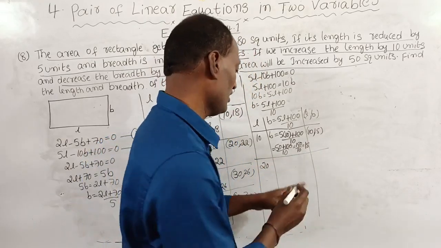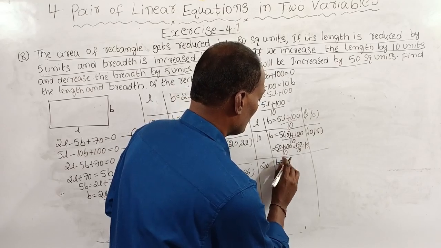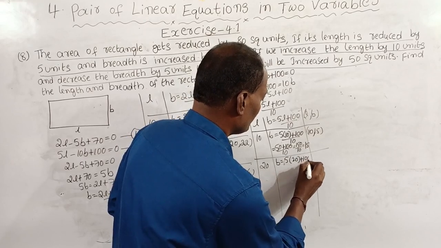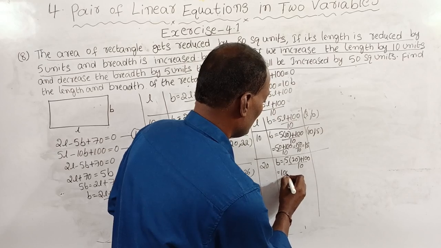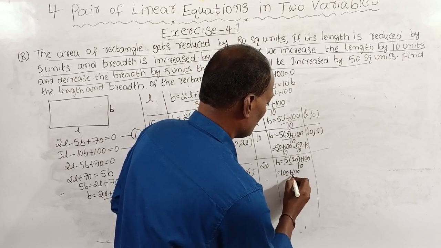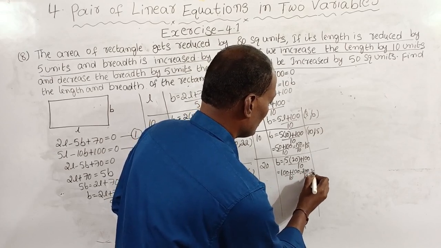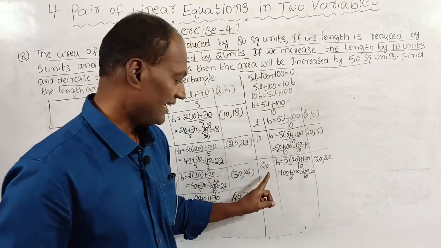Substitute the 20 value in this B equation: 5 into 20 plus 100 by 10, 5 into 20 is 100, 100 plus 100 is 200, 200 by 10 is 20. So 20, 20.